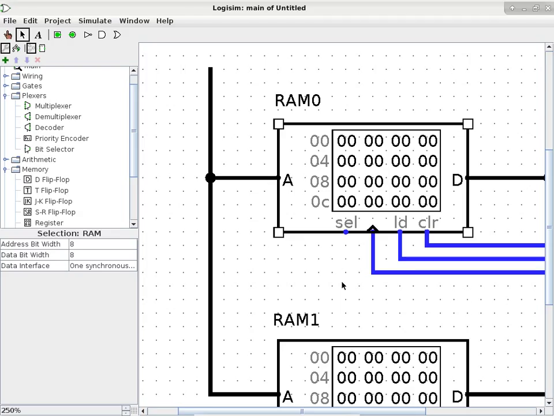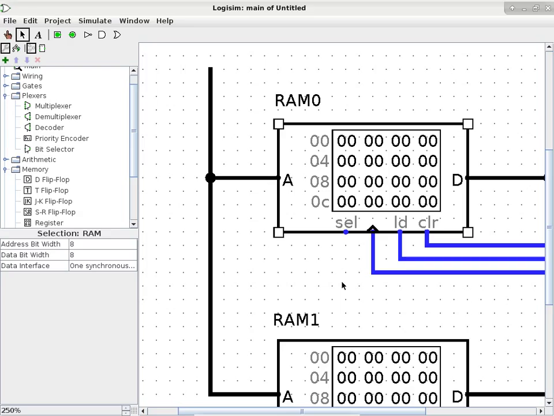Okay, so each chip, RAM 0 has 256 locations, and RAM 1 also has 256 locations. Together, we have 512 locations. Very good. What about each location? How wide is each location? That's your data bit width. So in this case, we have 8 bits per location, which is 1 byte.